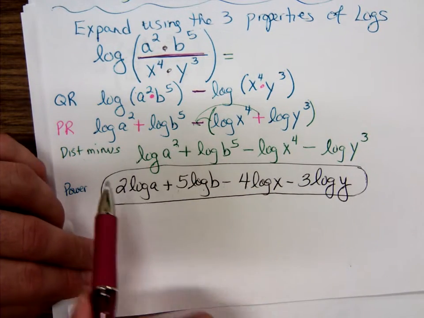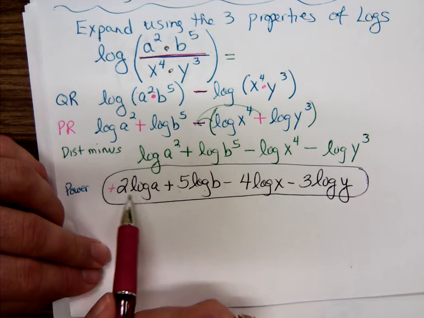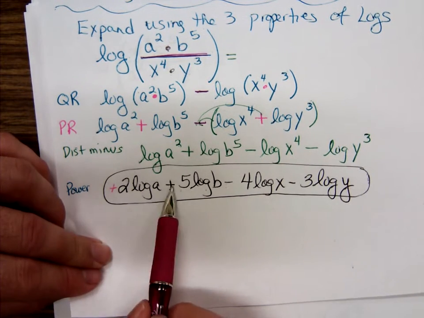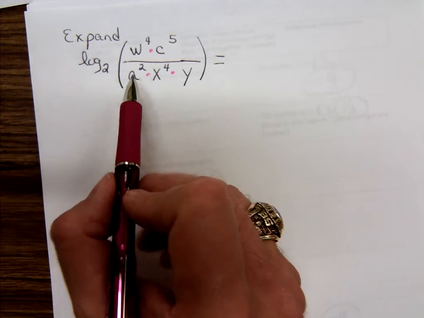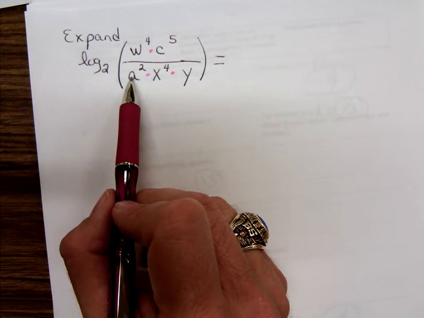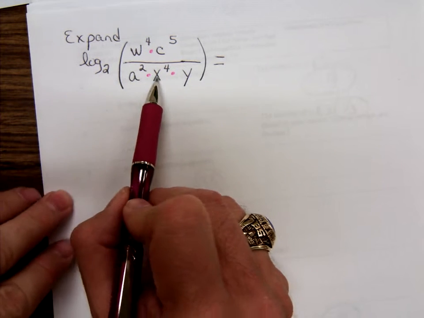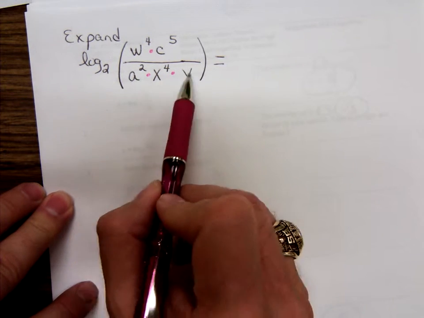We didn't write the plus there, but we sure assume it's there. The stuff on top has pluses, the stuff on bottom has minuses. So there's going to be how many minuses? How many minuses will there be in the bottom? 1, 2, or in the expanded form, well, 1, 2, 3.